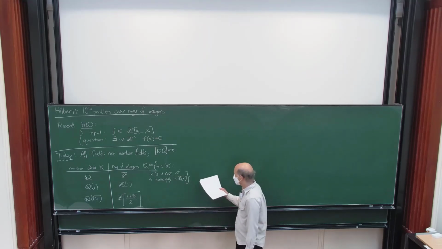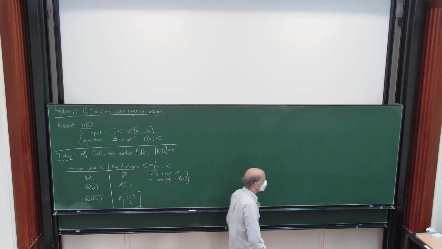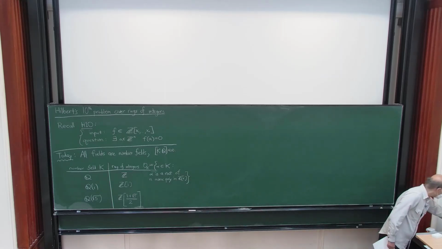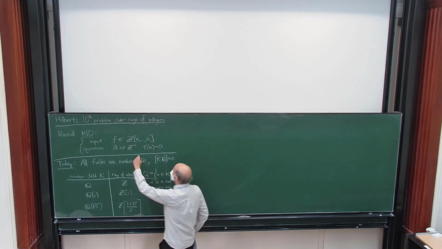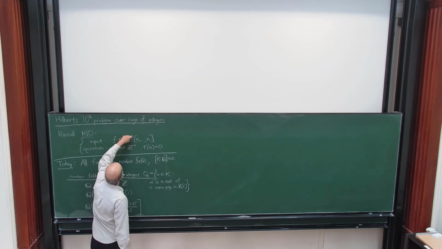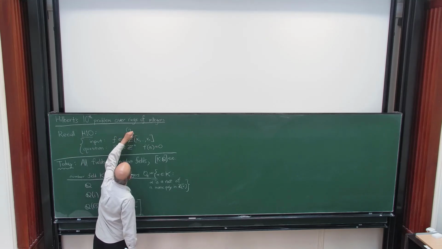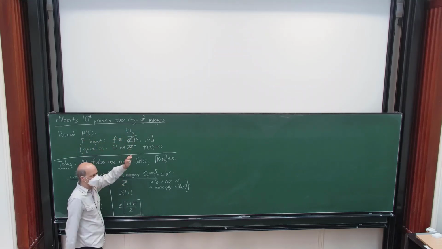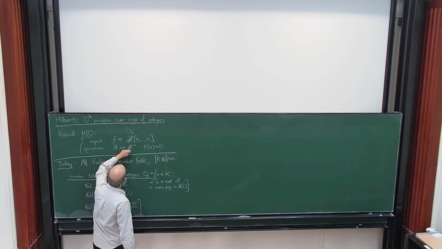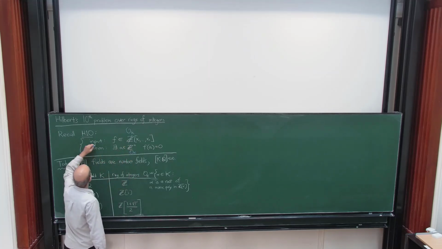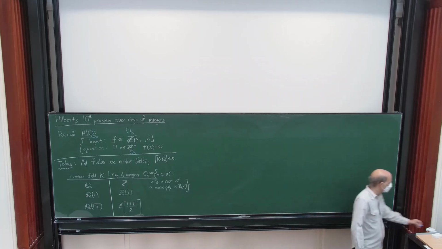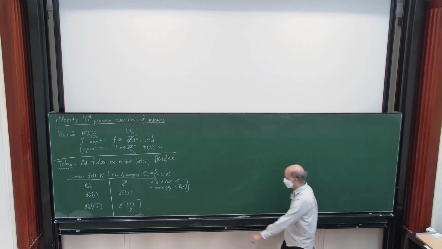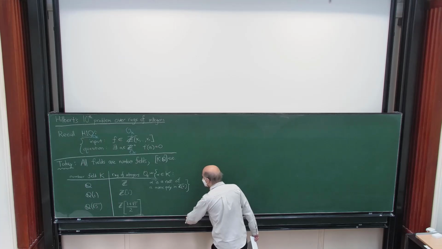Okay, and so now what we want to do is take a piece of colored chalk and change Z to O_K everywhere here to get a new problem. So I'm thinking of now fixing a number field and asking the analogous question of Hilbert's 10th problem over that ring instead of over Z. And so now it's a new question, and the question is, is it still undecidable?